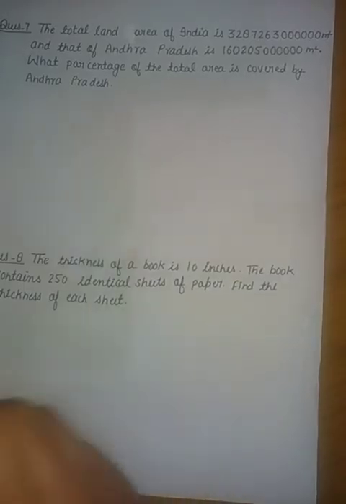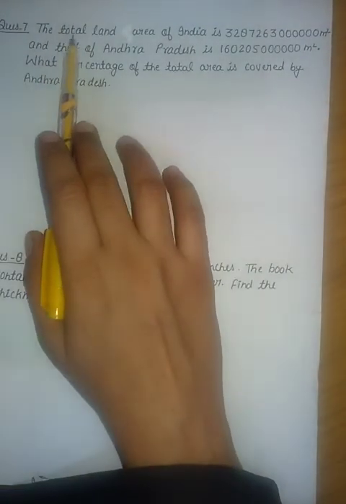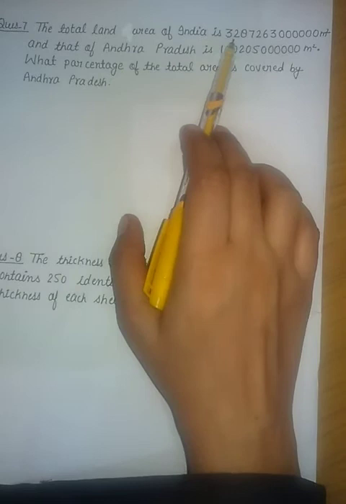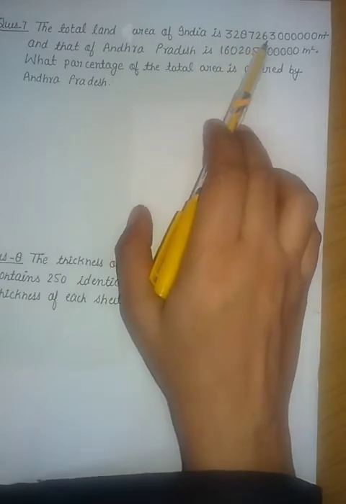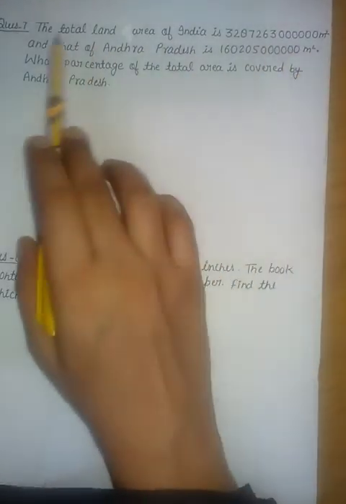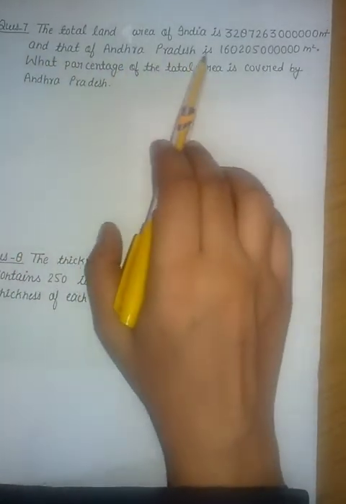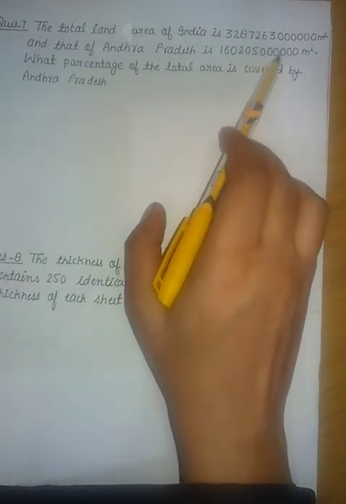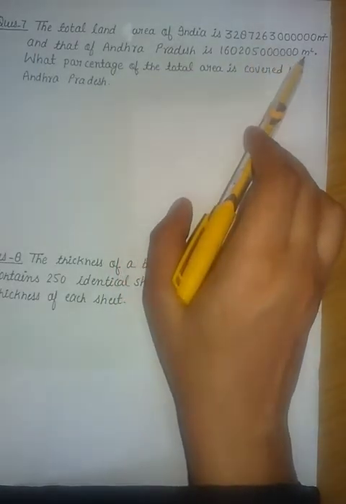Now question number 7. The total land area of India is 3287263000000 meter square, and that of Andhra Pradesh is 1602050000000 meter square.